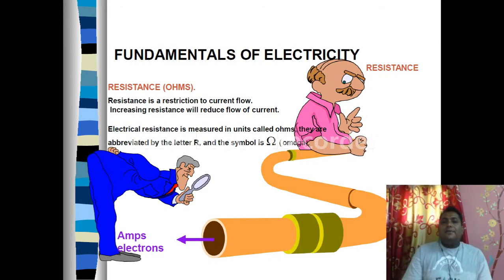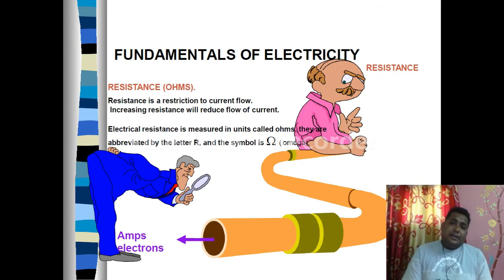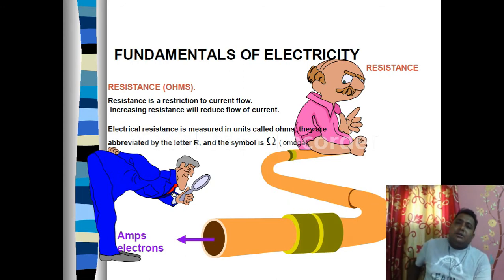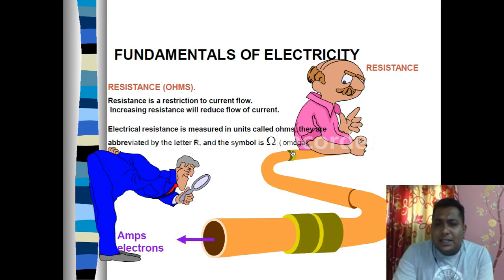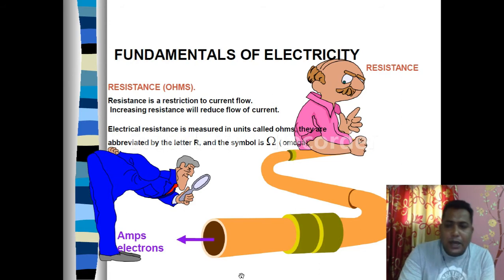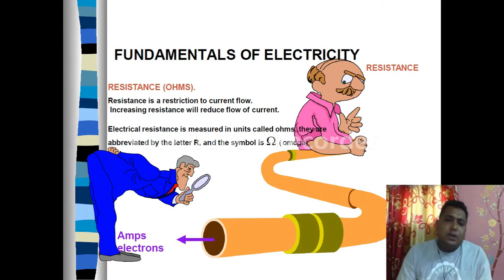This is a very interesting picture presented here. Here, this person is representing the property of resistance, and this person is trying to find out how much current is flowing. The basic idea of the diagram is like this. There is a pipeline, and through the pipeline, water or oil may flow, like current. Now if we block that pipeline, what will happen?